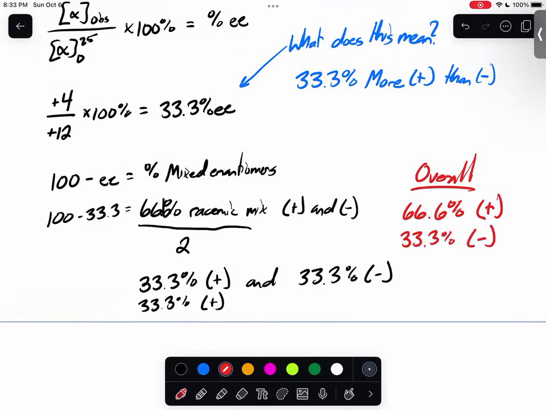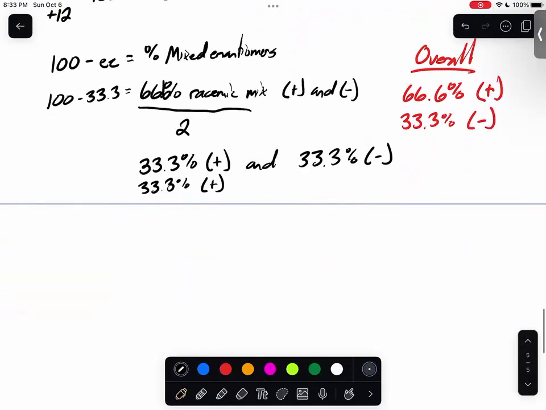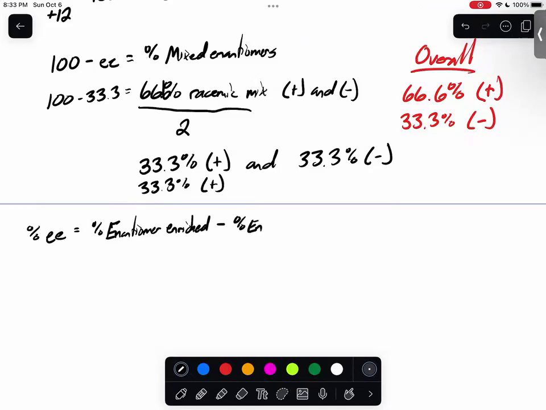And if you want to do a quick check to make sure you are correct, another way to check your enantiomeric excess is essentially the percent of the enantiomer that is enriched minus the percent of the enantiomer that has less in solution.